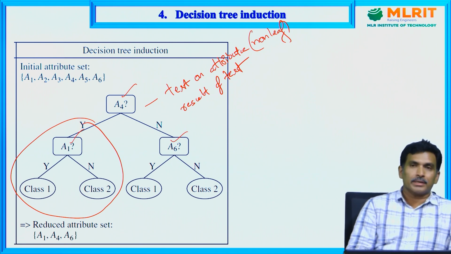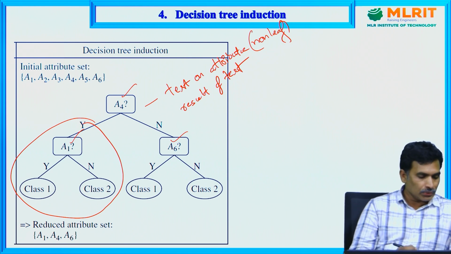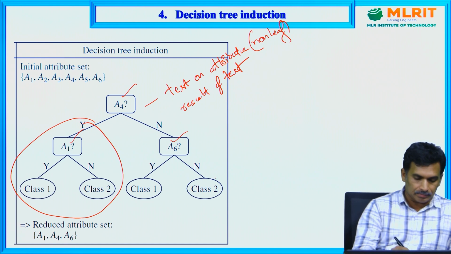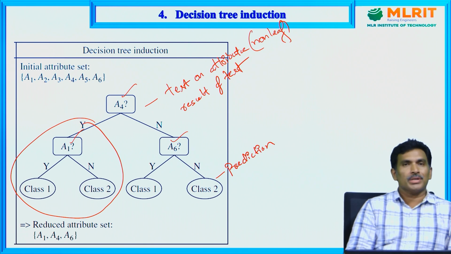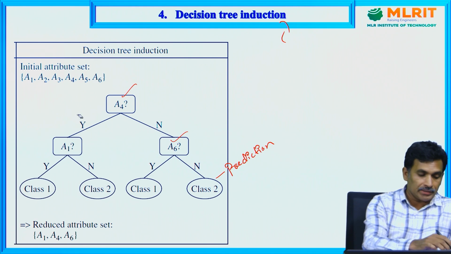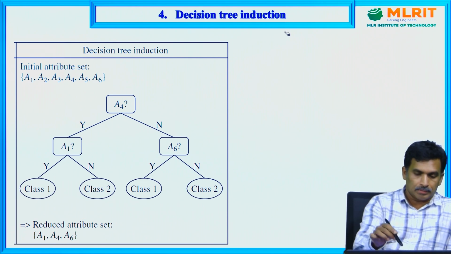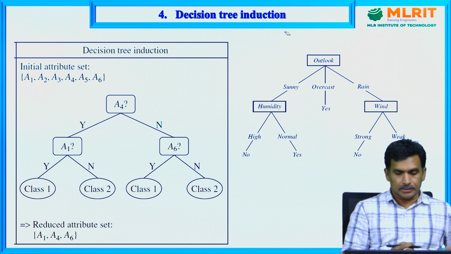This denotes the test on the attribute, whereas the leaves are used to denote the prediction. So let us see one simple example of this decision tree representation of a simple data set.